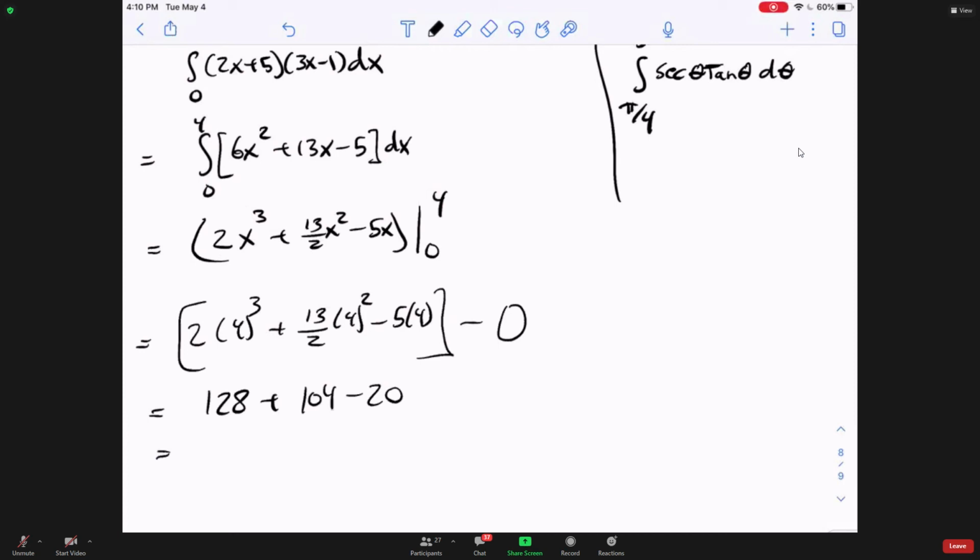How many of you got 212? Madison, did you get 212? Your participation has been lacking today after that incident at the beginning of class.